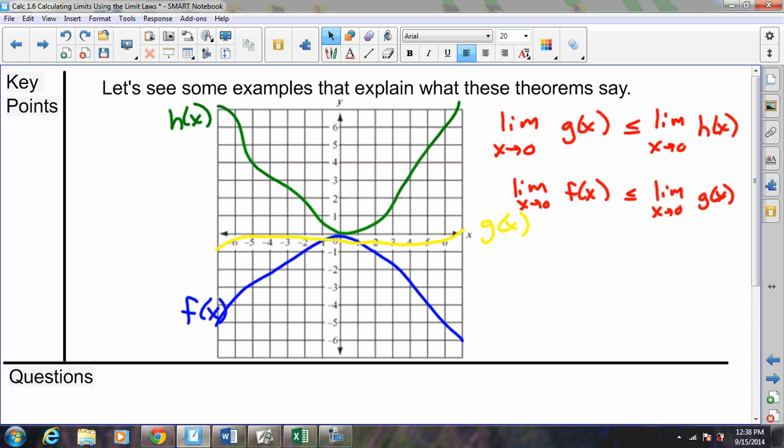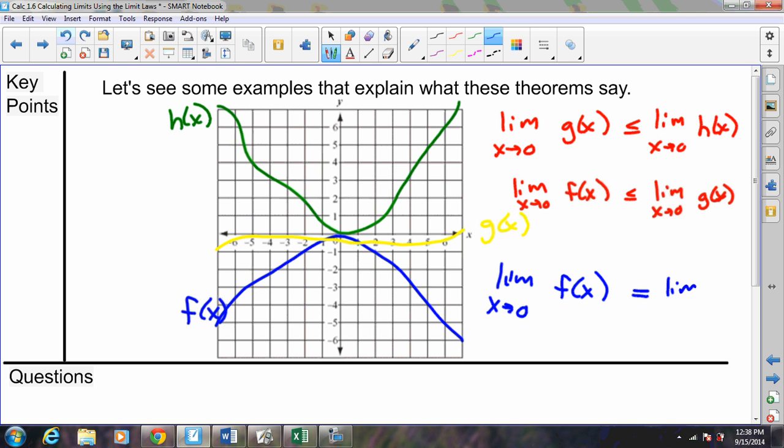What if we actually had the limit of f of x as x is approaching 0 equal this other limit of something that's higher than it, of h of x. In this instance, the way I've drawn it, they both have the limit of 0.